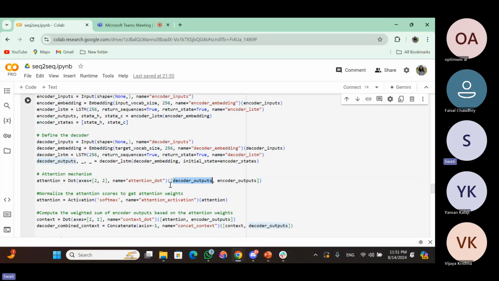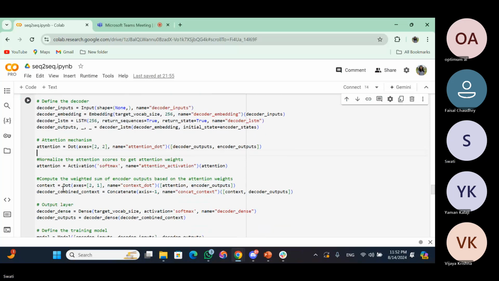We take the dot product, then we get the alpha value, and we normalize it using the softmax function. Based on this, we compute the weighted sum of the encoder outputs, and this will give you the decoder combined context.